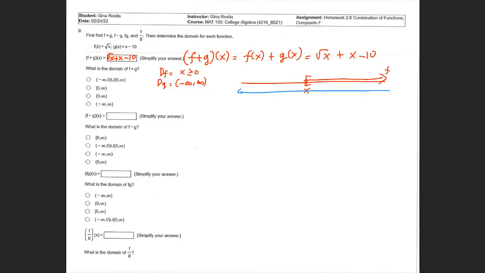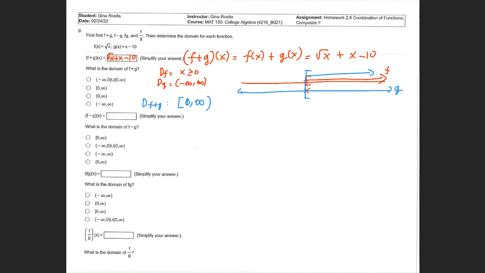The domain of g is the real numbers. Now just look at the intersection, from here to the right. So the domain of f plus g is 0 to infinity, open.